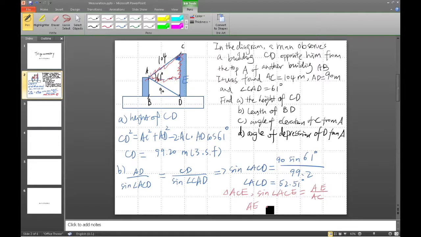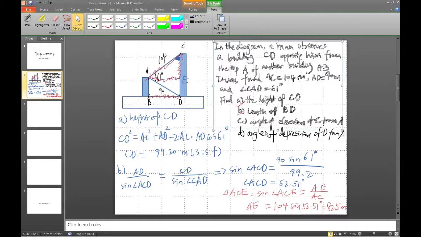After putting in all the available data and punching the calculator, AE is equals to 104 times sine 52.51 degree, and we get 82.5 meters for AE. So we have found the length of BD as well, because AE is equal to BD.